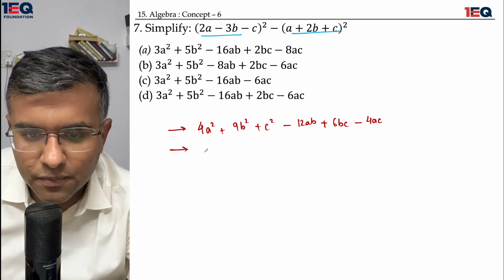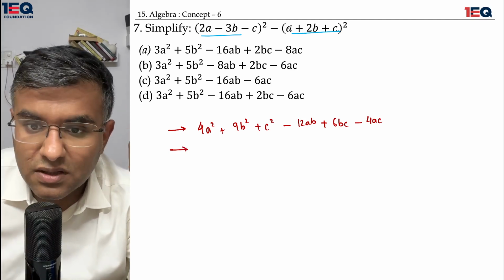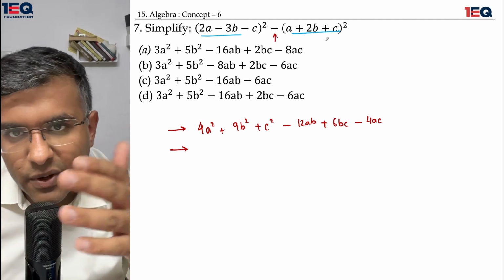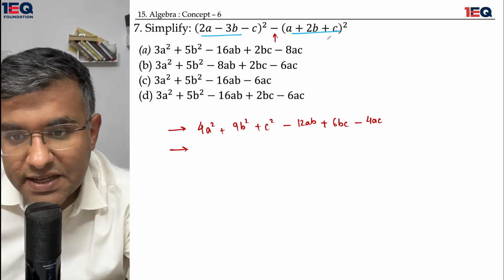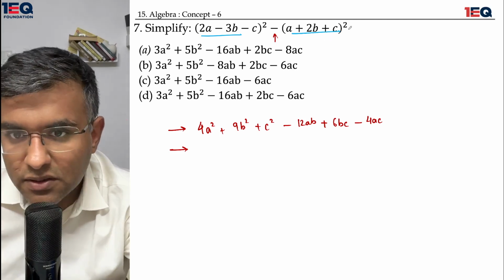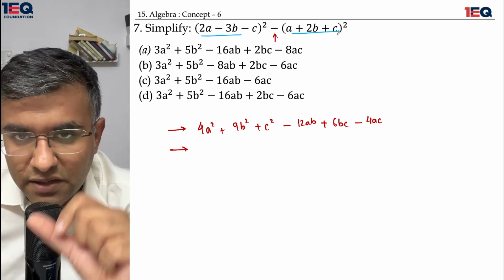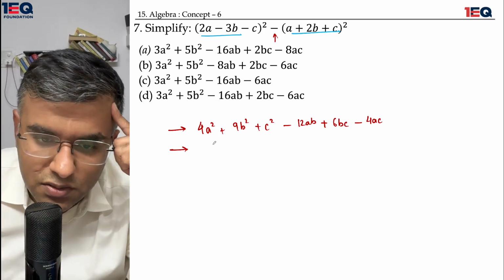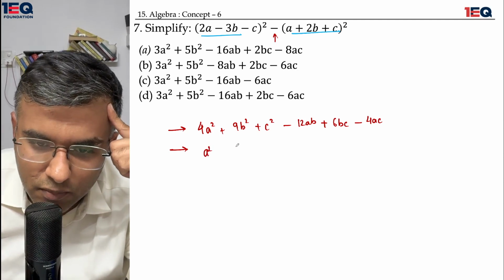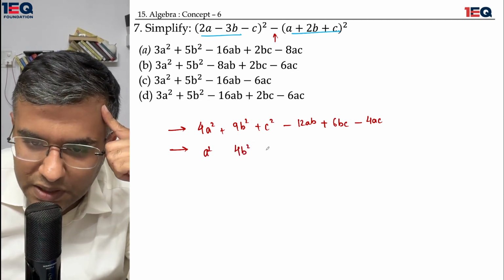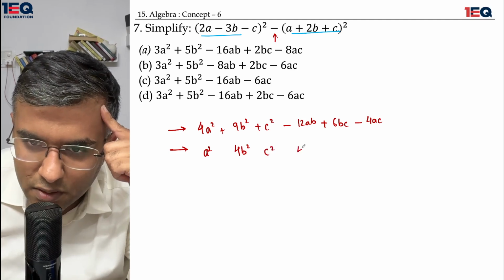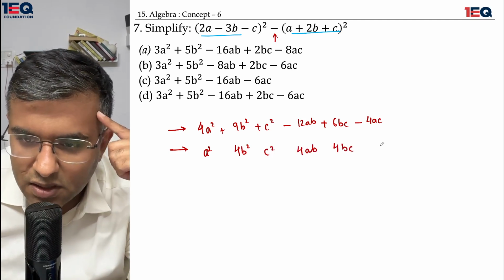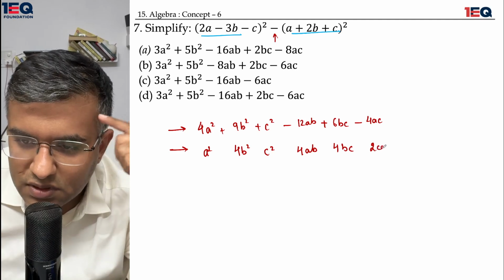Talking about the second form, you have to remember one thing. The second form is having a negative with it, so all the signs are going to flip. I would first be writing all the terms in one form, and then I'll be putting the flipped signs. So it's going to be a square, 4b square, c square, 4ab, 4bc, and 2ca.